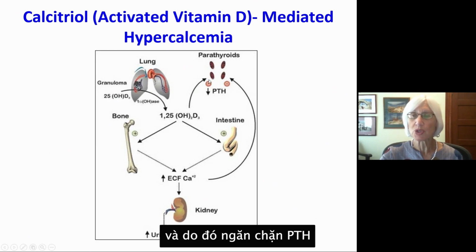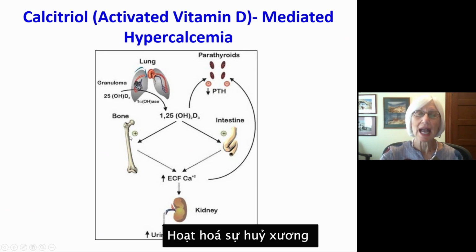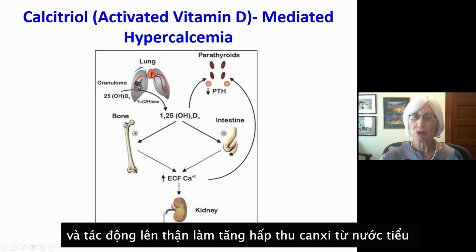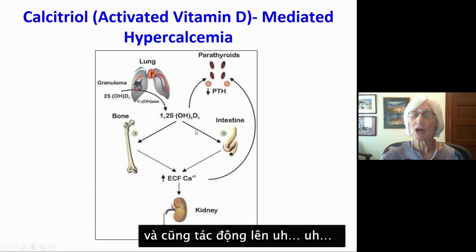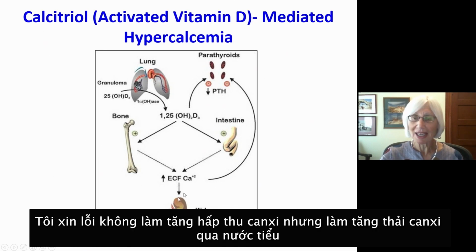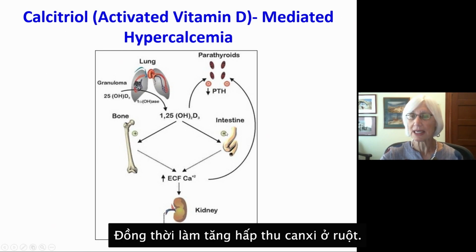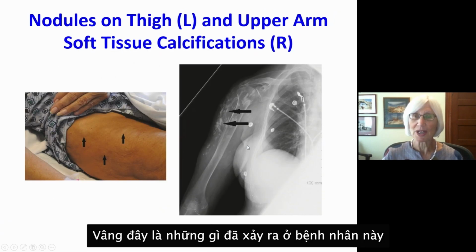That in turn suppresses PTH, activates bone resorption, releases calcium and phos from bone, and acts on the kidneys, where it does not increase calcium absorption but increases urinary calcium excretion, leading to kidney stones and hypercalciuria, and also increases gut absorption of calcium. So this is what happened in this patient.